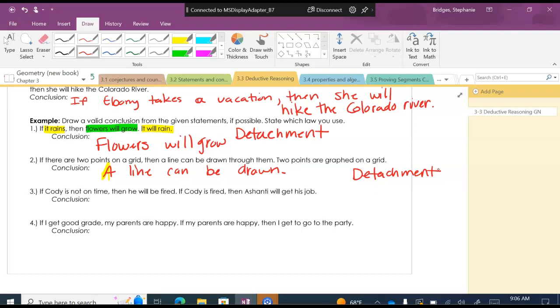Does the conclusion in the first statement match the hypothesis in the second statement? I just highlighted them. Do they match? Do they both say something about somebody being fired? They do. So what I can say then is if Cody is not on time, then Ashanti will get his job.